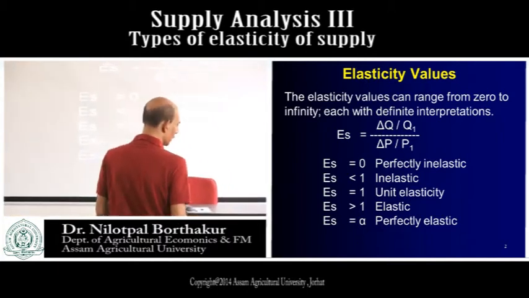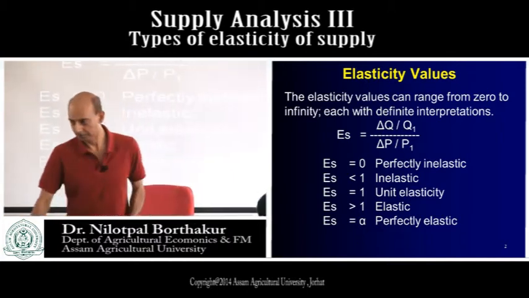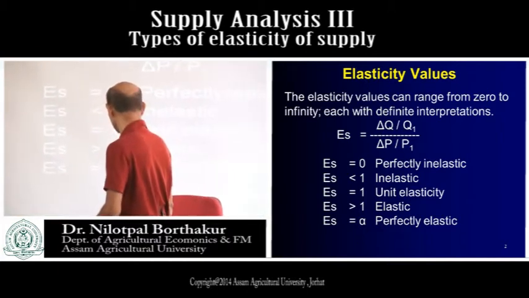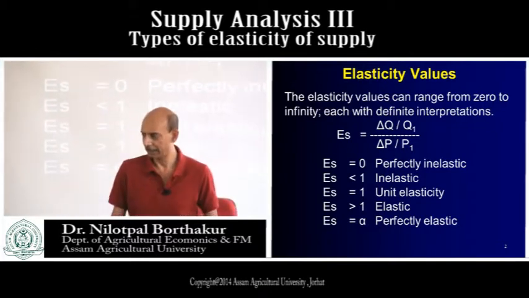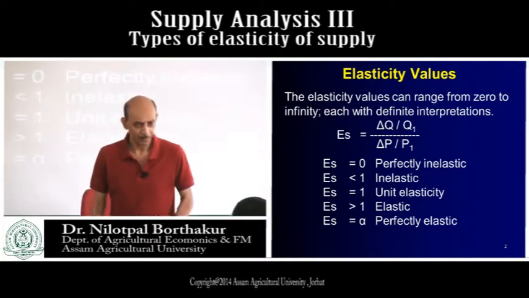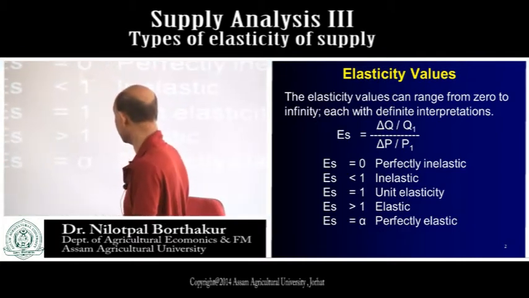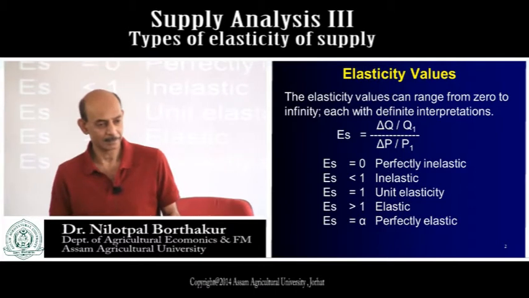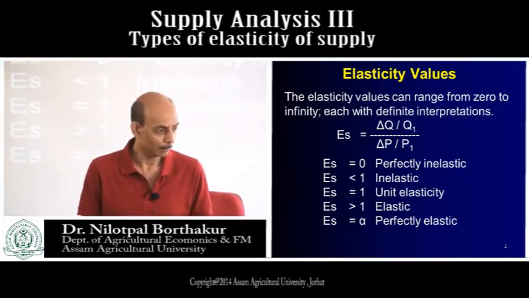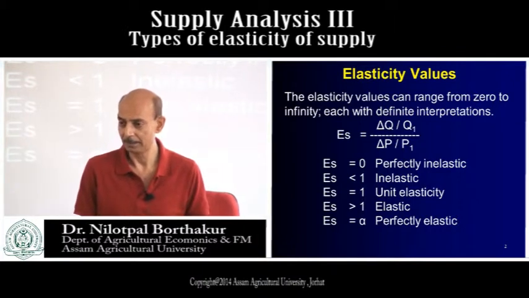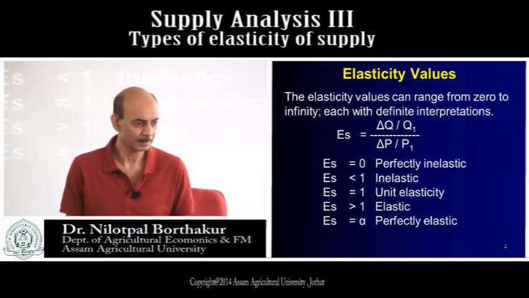If the elasticity of supply value becomes 0, this is perfectly inelastic supply. If it is less than 1, it is inelastic. If it is equal to 1, it is unit elasticity.